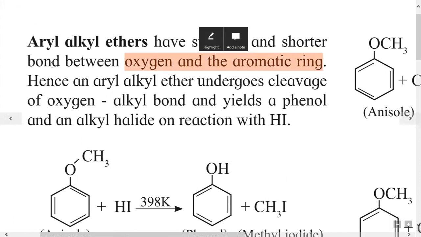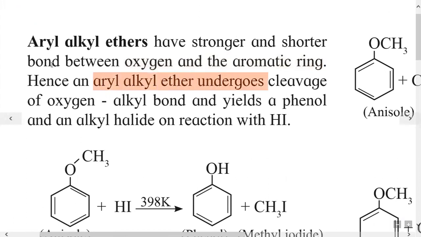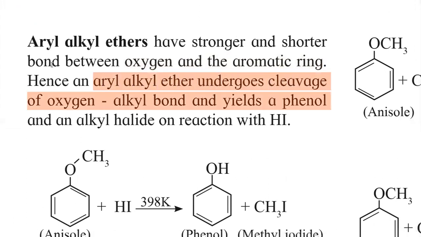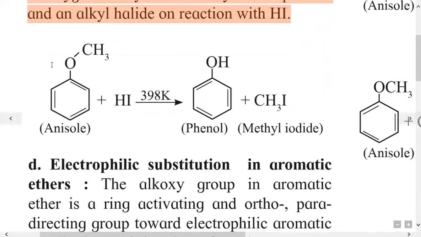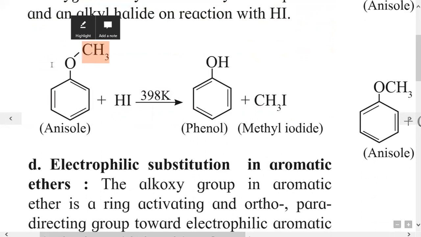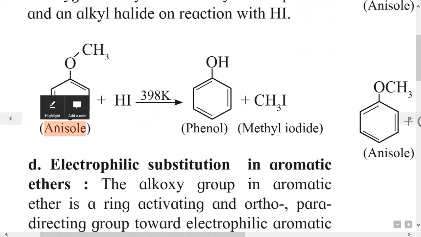Hence, aryl alkyl ether undergoes cleavage of the oxygen-alkyl bond and gives phenol and alkyl halide when treated with hydrogen iodide. In the equation, this is the aryl group, that is the phenyl, and this is methyl. So the name of this ether is methyl phenyl ether, commonly called anisole.